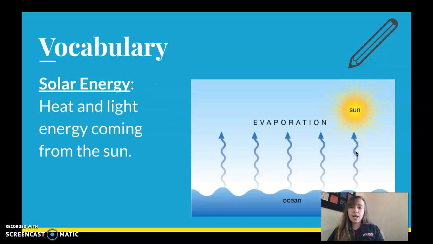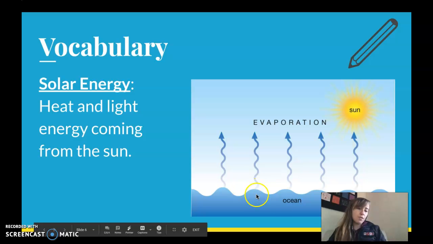All right, and then the other important force that plays a role in the water cycle is solar energy. So solar energy is heat from the sun. And the reason that it plays a role in the water cycle is mostly in evaporation and transpiration. So anywhere that you're seeing heat play a role in the water cycle, you are seeing the effects of the sun.